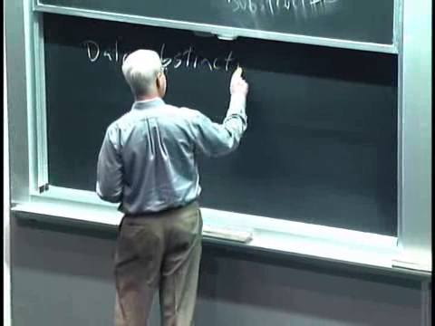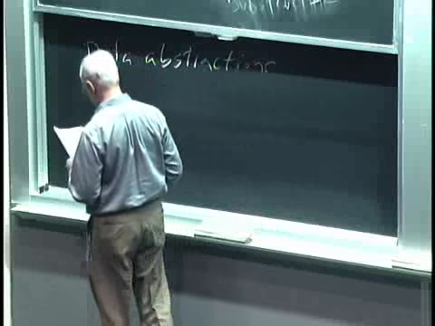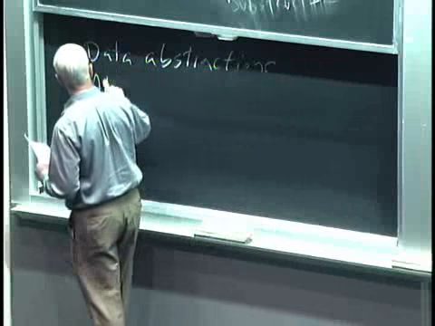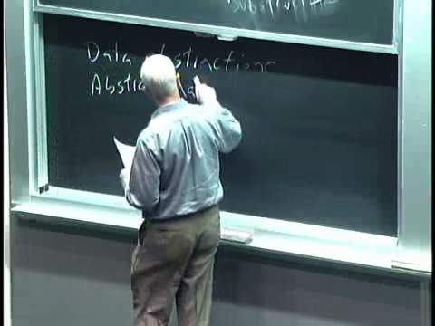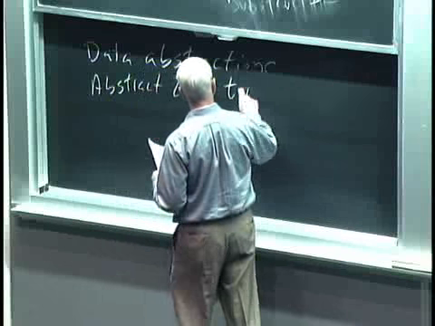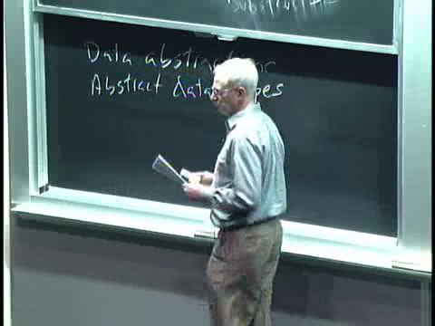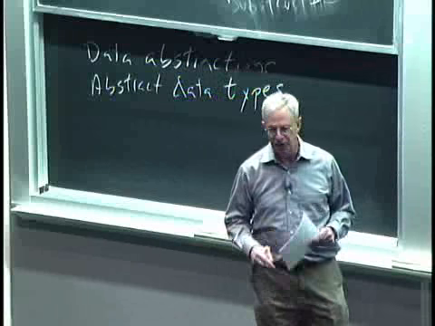And over the next couple of days, you'll see what we mean by this in detail. A synonym for this is an abstract data type. You'll see both terms used on the web, in the literature, et cetera, and think of them as synonyms.